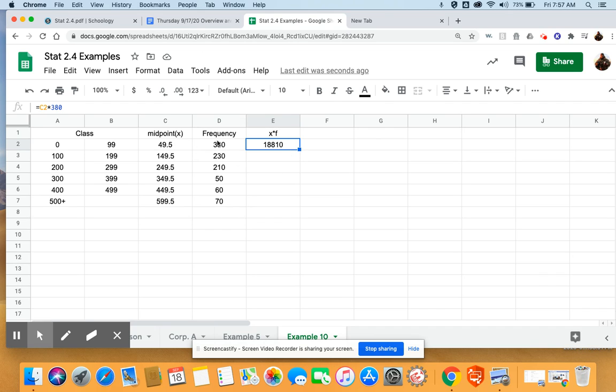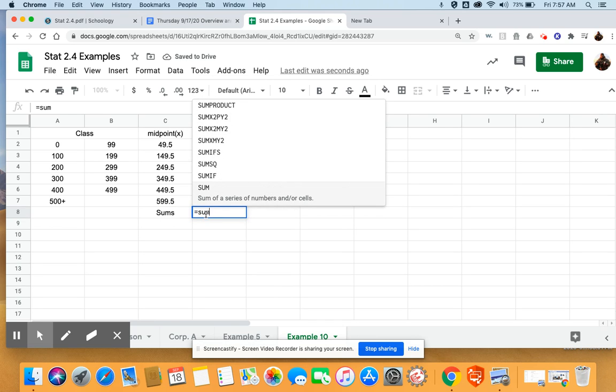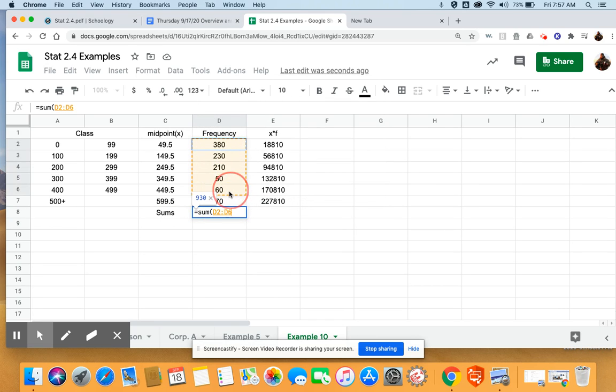So we've multiplied those two cells together. I'm going to drag and drop that to the bottom, and it has done all the multiplications for us. Right now we're going to come down here and find the sums. Equals sum of this information. Important for us, that's 1,000.